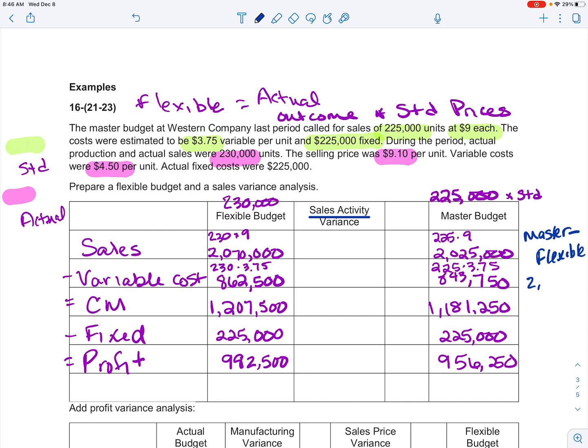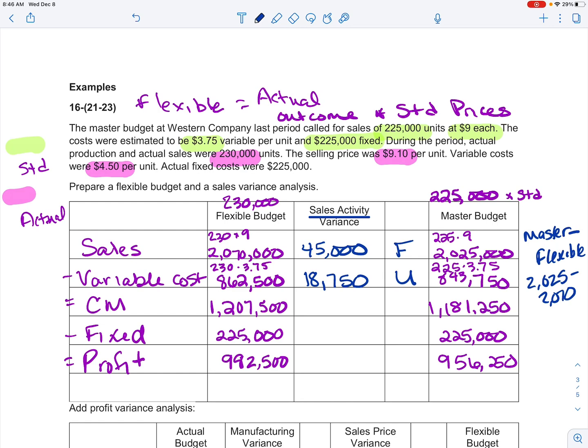The difference is 45,000. Now, comparing my flexible budget and my master budget, I want a higher sales. I have a higher sales, so that's a good thing. I'm going to say that's favorable. When I look at my variable costs, I'm just subtracting the two. The difference comes to 18,750. My variable costs are higher, therefore it's unfavorable.